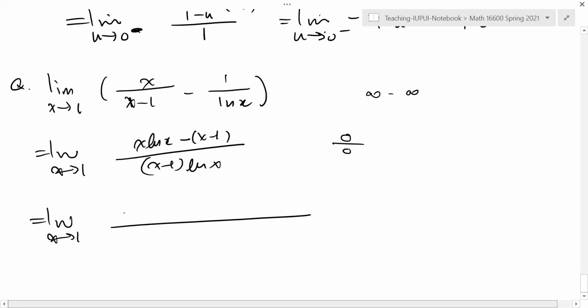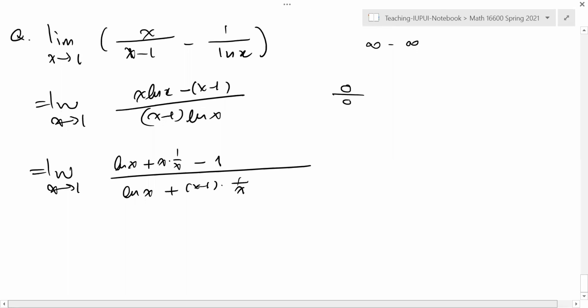Differentiate: x times natural log of x gives natural log of x plus x times the derivative of natural log, which is just 1 over x, minus 1. Okay, the product rule here, and plus x minus 1 over x. Okay, and before we continue, we should simplify.